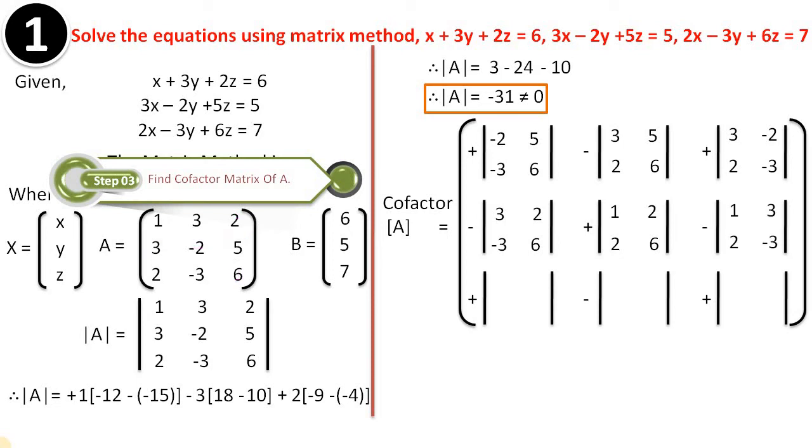Come to the last row. So minor of 2 is obtained by deleting third row first column, which is 3 2 minus 2 5. Minor of minus 3 is 1 2 3 5. Minor of 6 is 1 3 3 minus 2.